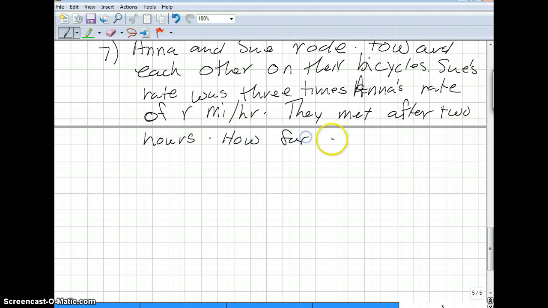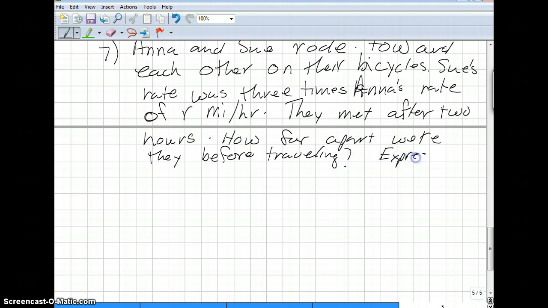How far apart were they before traveling? Express in terms of R.